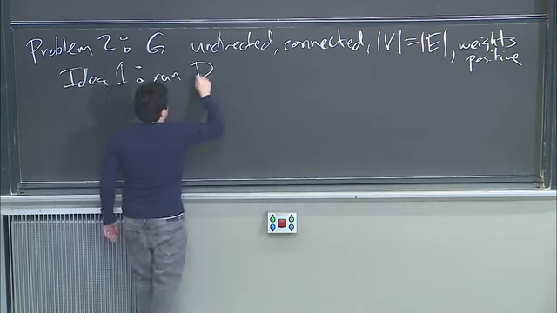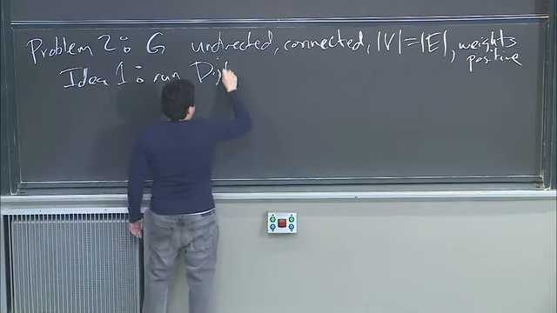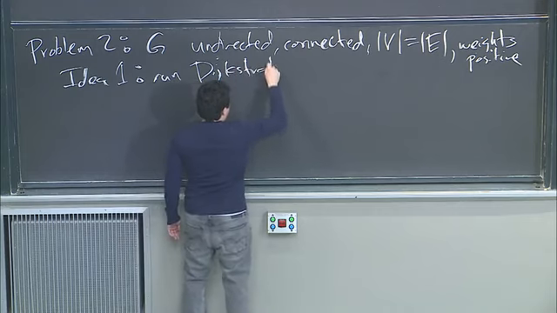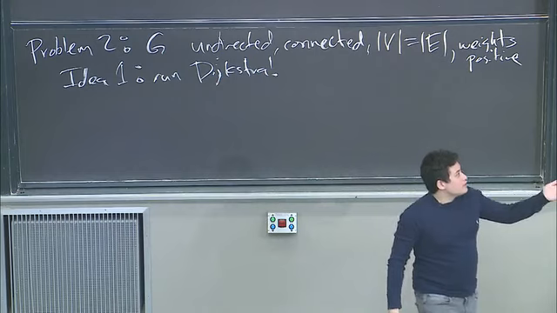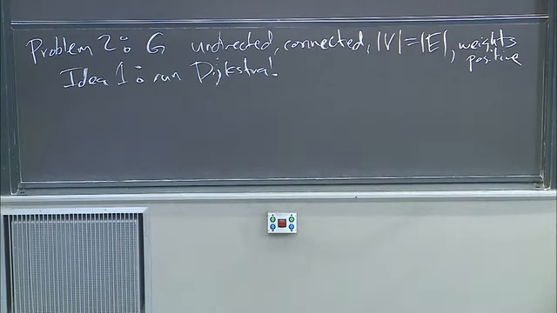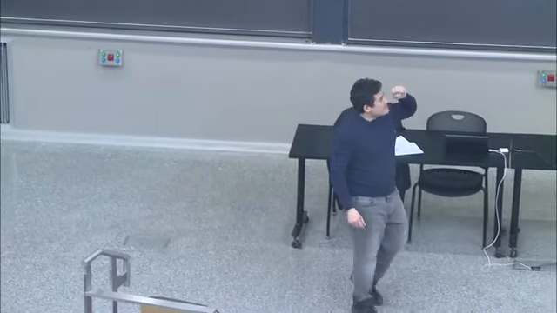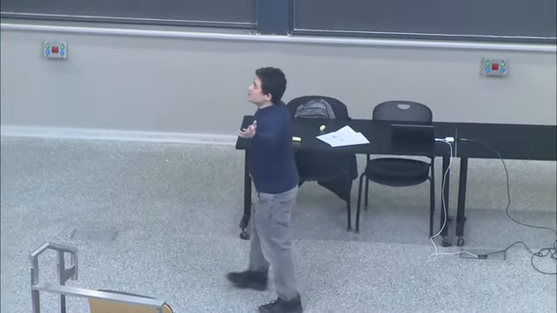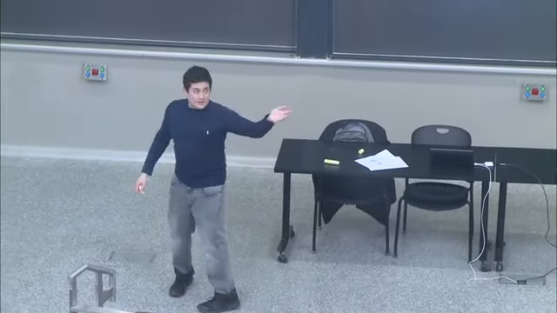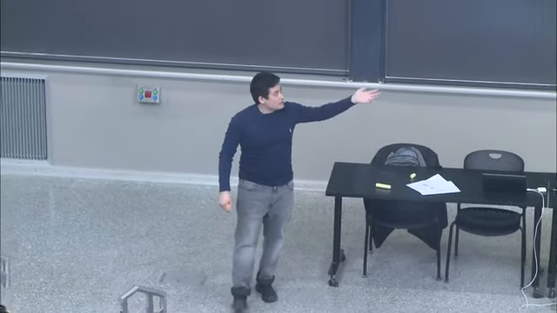What's the problem with this? It applies, right? We're in the context of non-negative edge weights. We can find shortest paths from S to everything else in the graph using Dijkstra. It's a correct algorithm.